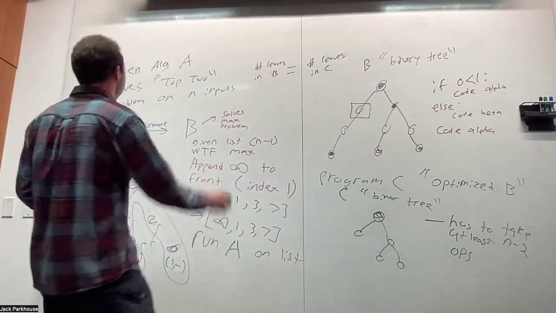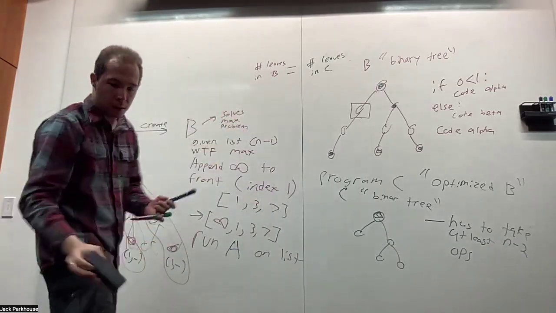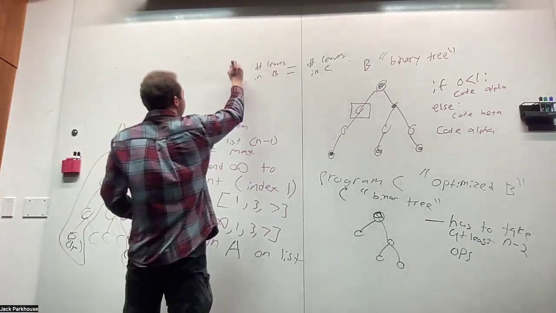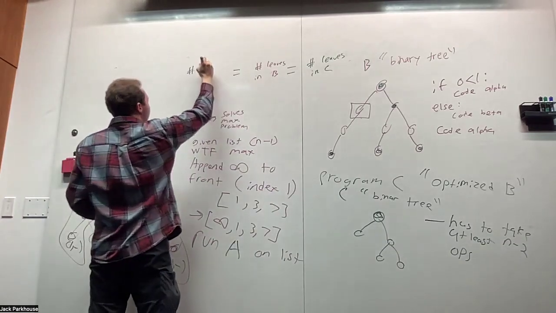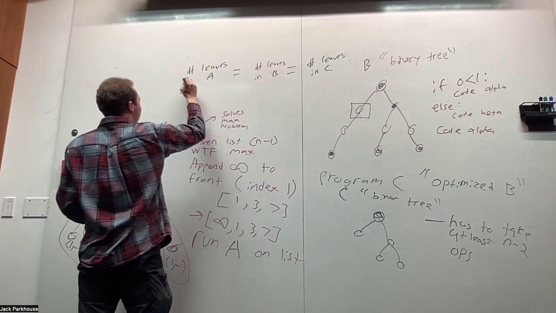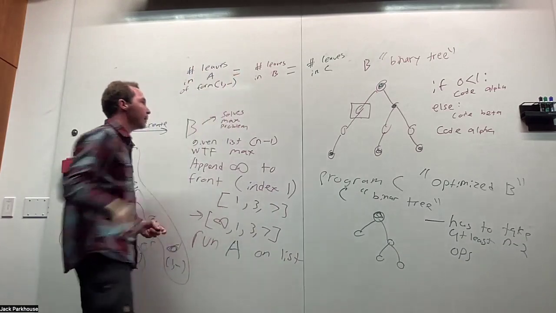So I'll erase this. So now this equals the number of leaves in A of form 1, some.